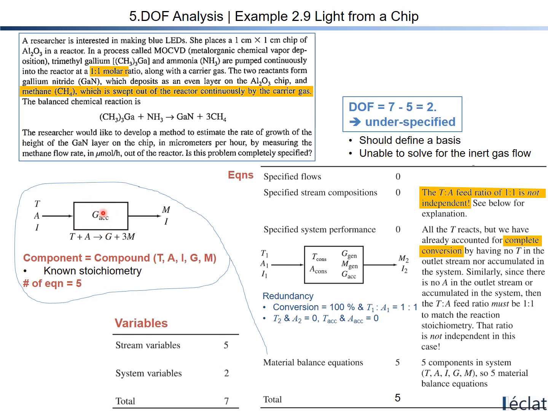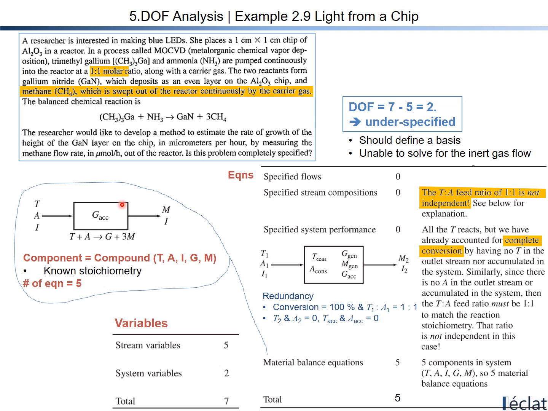Inside of this reactor, you can find an alumina chip, and by using these chemical reaction equations, gallium nitride is electrodeposited on the alumina chip inside of the reactor.